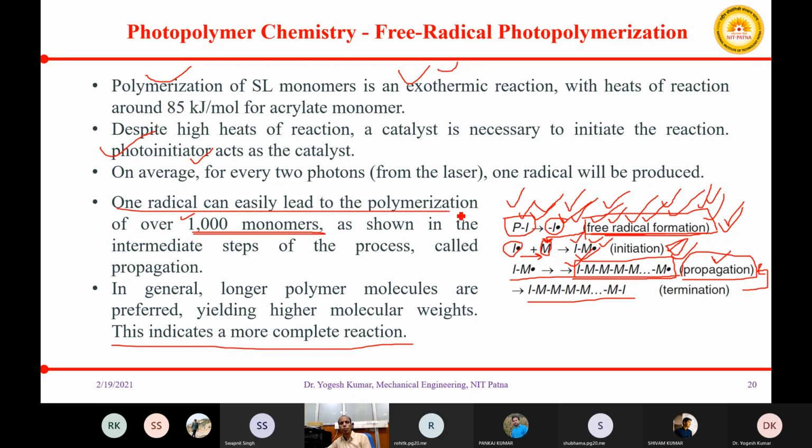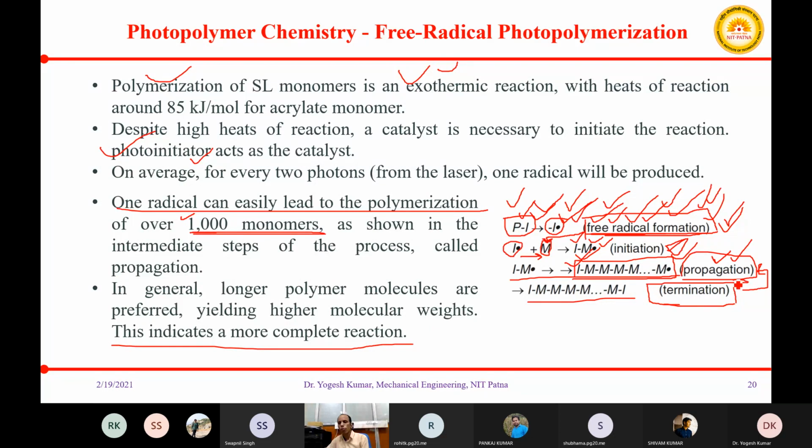One radical may polymerize up to 1000 monomers, and this process is called propagation. And the last stage is the termination of this propagation.